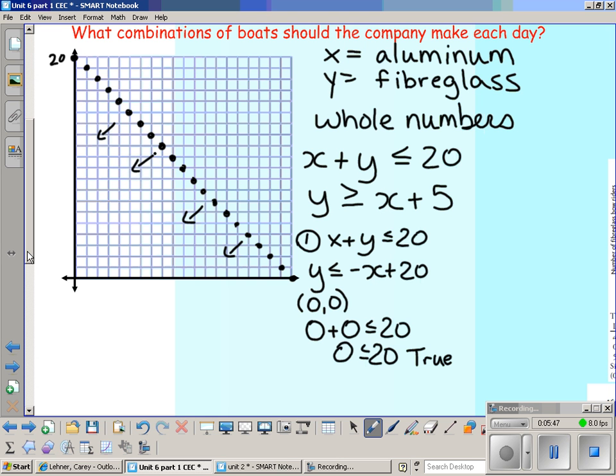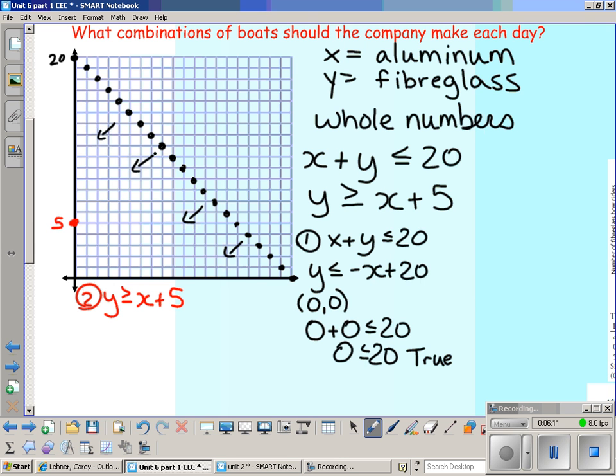So now what we do is we take our second inequality, the y greater than or equal to x plus 5. We already have it in the form y-intercept. So what we are going to do is we are going to start up at positive 5.